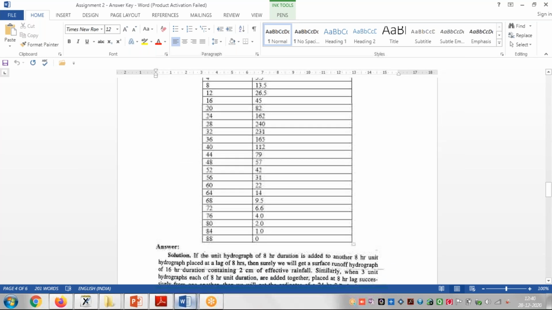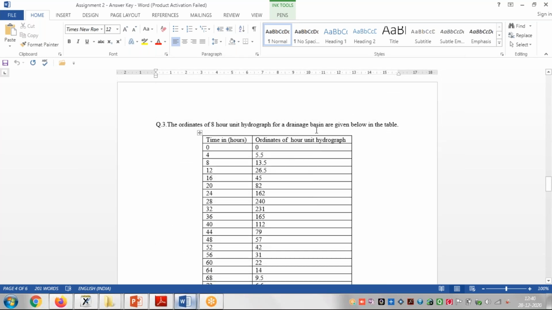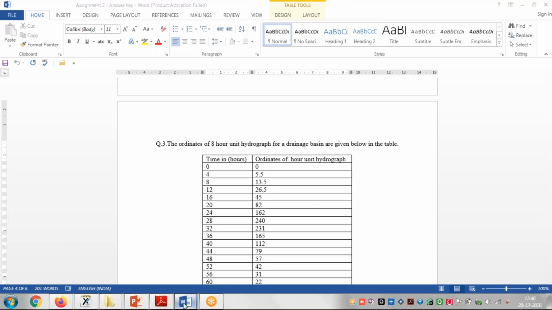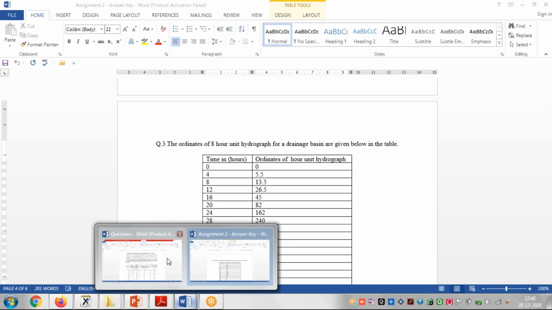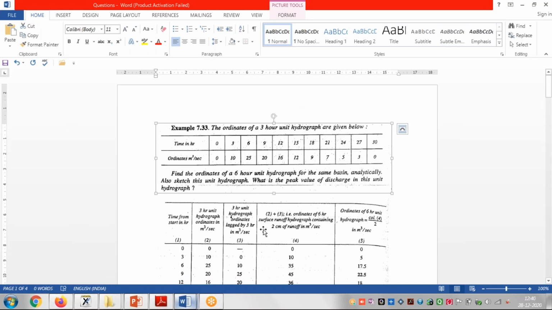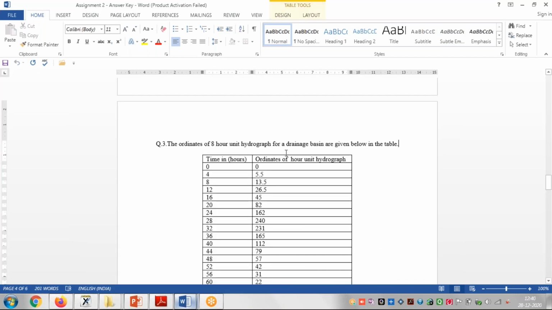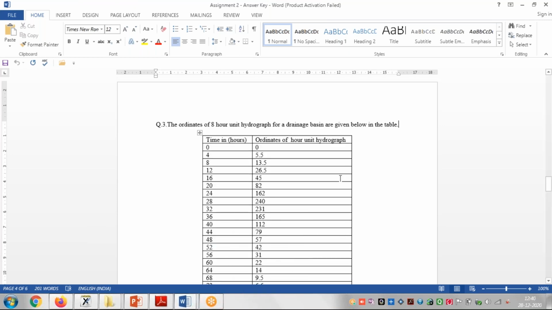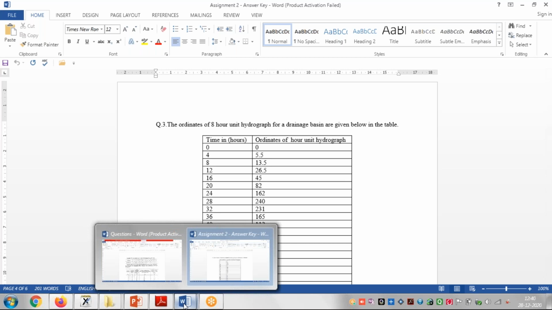Now what he is asking in the assignment question number 3 is: these are the ordinates given for the 8-hour unit hydrograph, and derive the ordinates for the 24-hour unit hydrograph. So here, how will you find it?